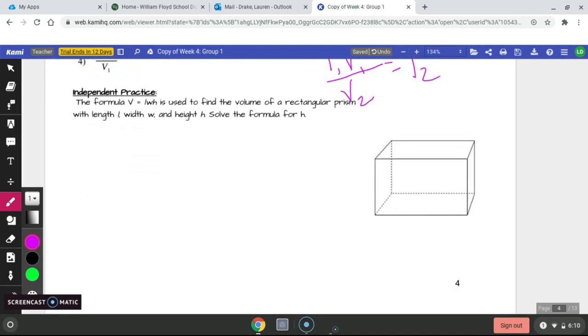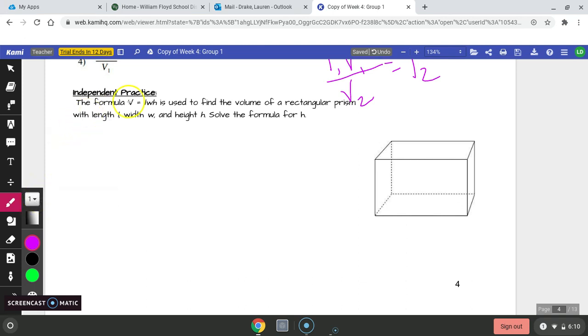So it says the volume formula for a rectangular prism, and we are solving for H. Okay, so here's your equation, and you're trying to solve for H. Okay, hopefully you wrote this.